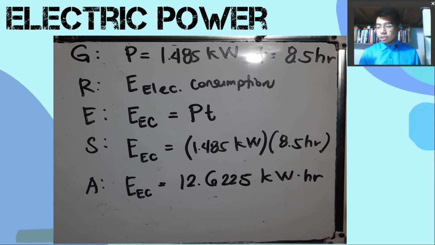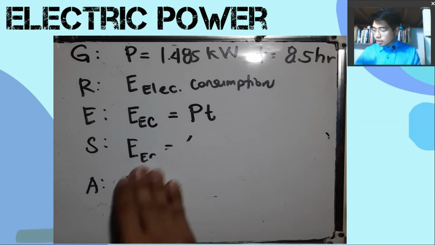That is the amount of electrical energy that will be consumed by this air conditioning unit if it is used steadily for 8.5 hours. Now, let's consider the last part of the problem. It is mentioned here: how much did using this air conditioning unit cost the owner if it is used for 12 hours if the electricity is priced at 7.87 pesos per kilowatt hour?